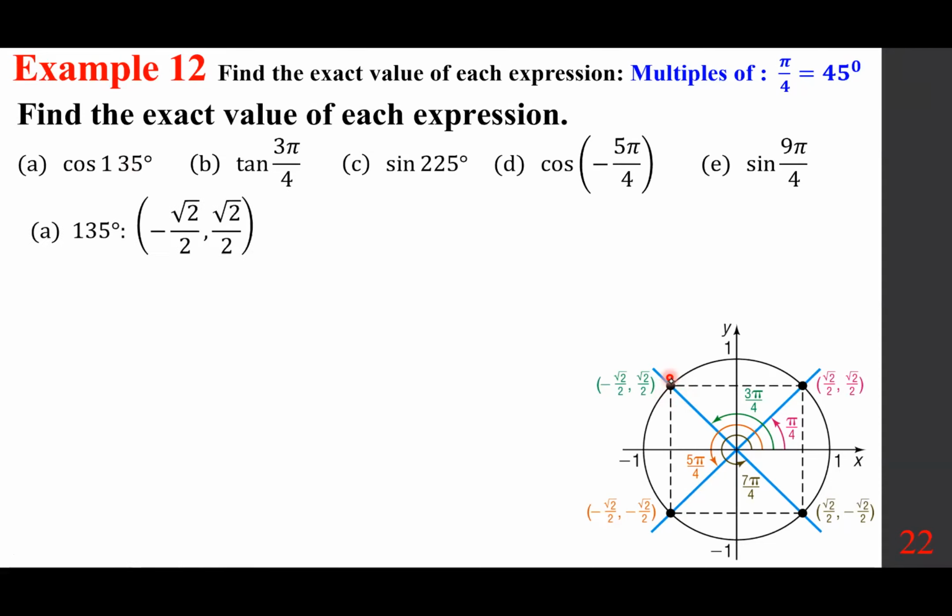Those are the coordinates, class. And cosine is the x coordinate, so it's minus square root of 2 over 2. In other words, cosine of pi over 4 or 45 degrees is square root of 2 over 2. In the second quadrant, cosine is negative.